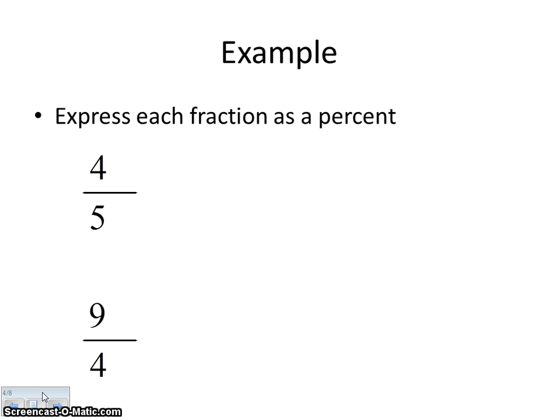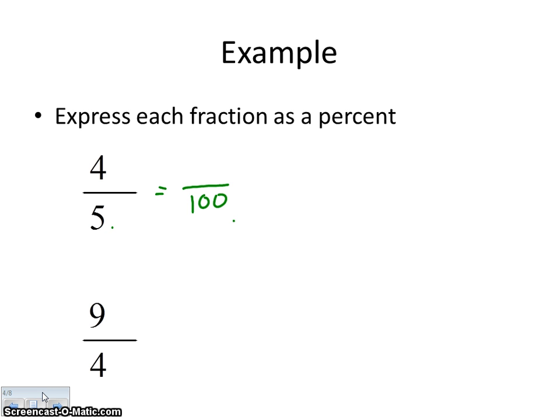Okay, now these two examples are writing fractions as percents. So what I need to do when I write a fraction as percent is I need to write it as over 100. Remember, percent as being per 100. So I'm going to write an equivalent fraction over 100. Well then I ask myself, what do I need to multiply to 5 to get me to 100?